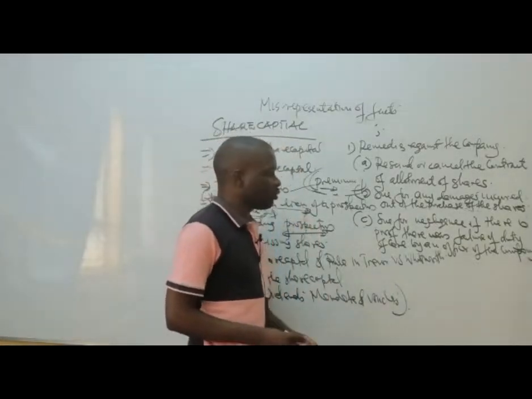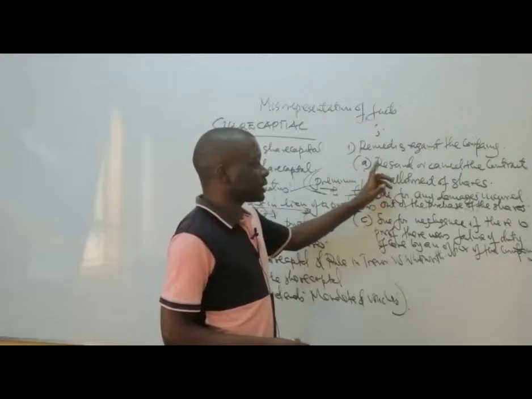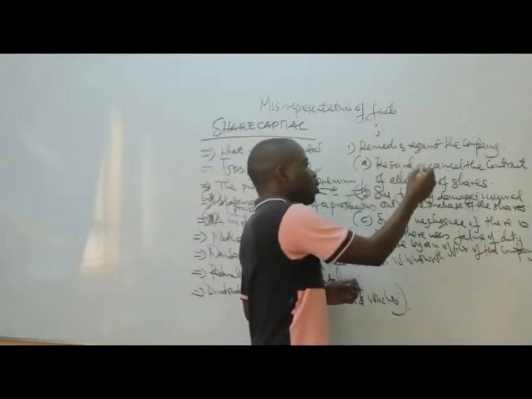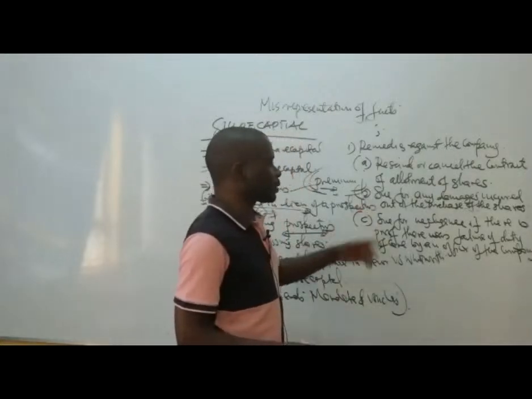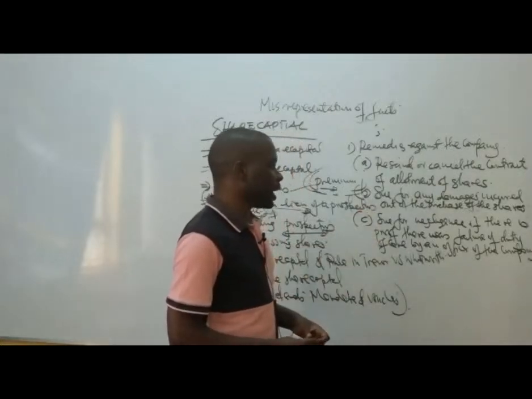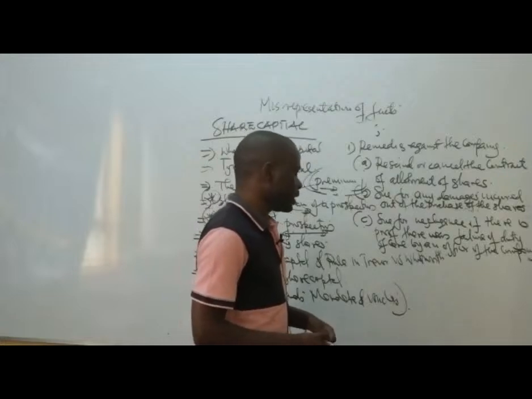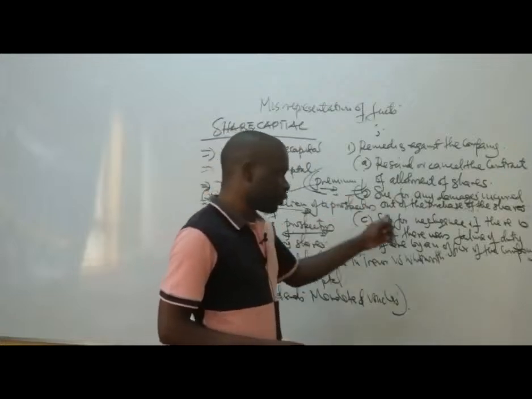So we've said number 1, rescind or cancel the contract of allotment of shares. Number B, sue for any damages incurred out of the purchase of the shares. Number C, sue for negligence.